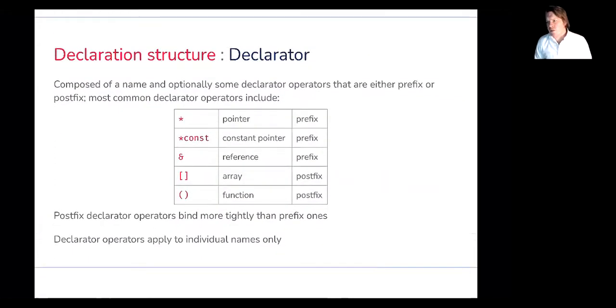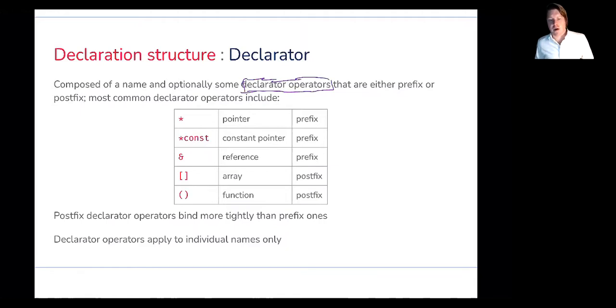So let's go ahead and look at the declarator a little more closely. A name's pretty obvious, but what are these declarator operators? So we talked about a declarator as being composed of a name and optionally some declarator operators. These operators, or at least the most common ones, include the following.